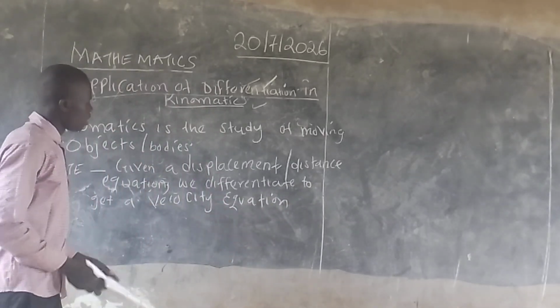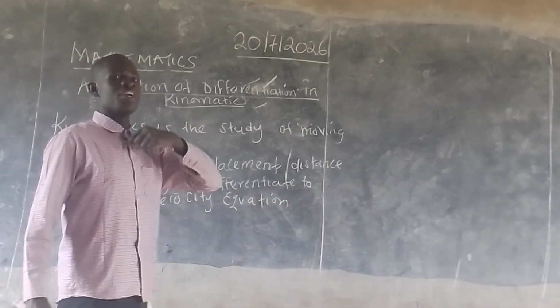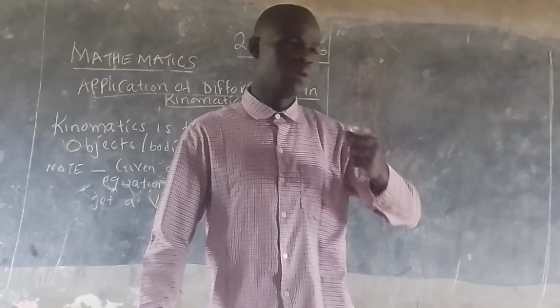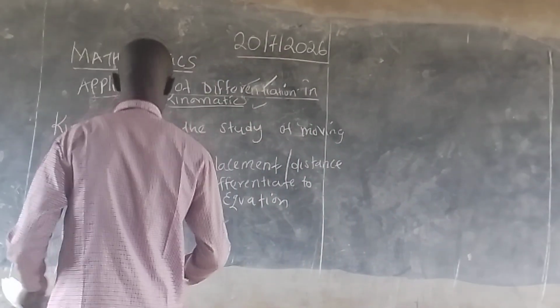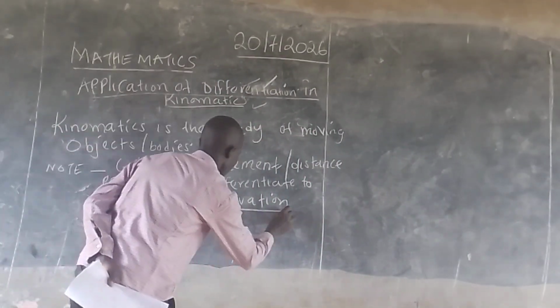So what does that mean? If we have a displacement equation and we differentiate, at the end of the day, whatever we get is what we refer to as a velocity equation.